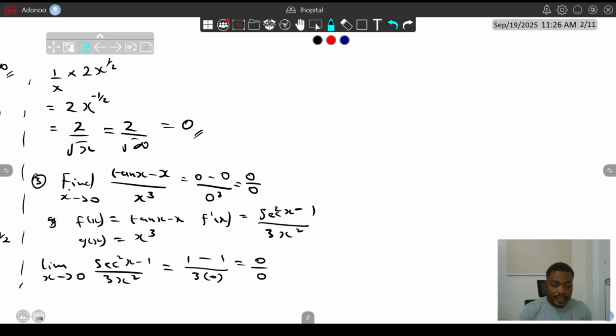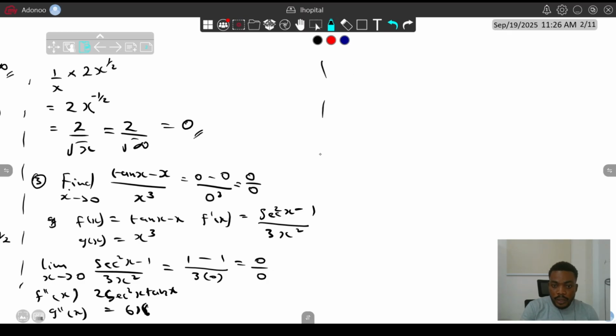So if we find the second derivative, which is f double prime of x, right? We are going to have 2 sec squared x tan x, and then g double prime of x is going to give us 6x.